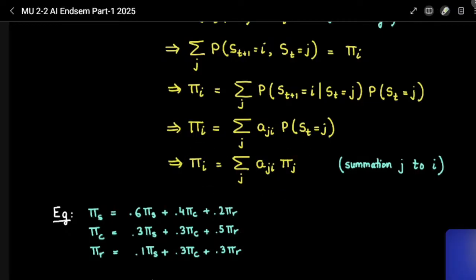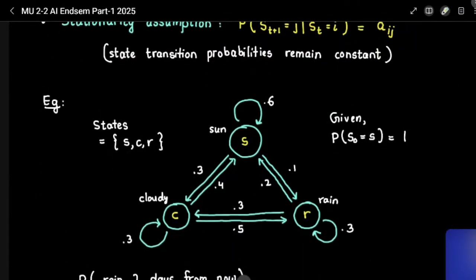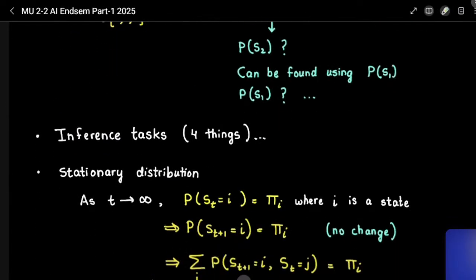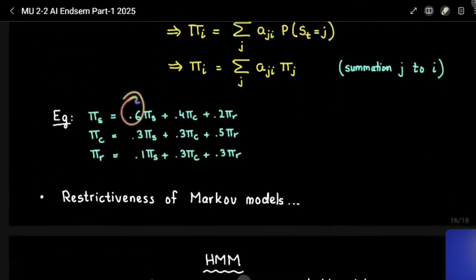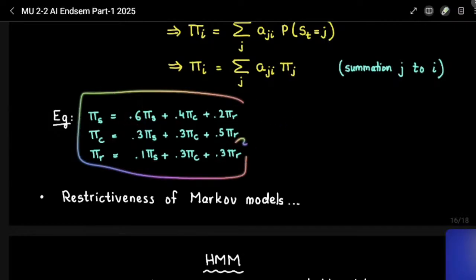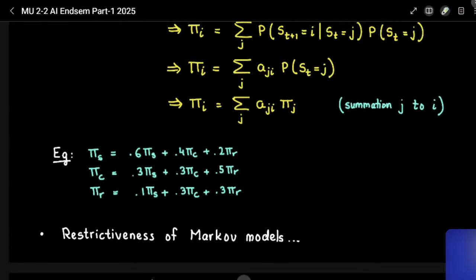States in this example are sunny, cloudy and rainy, S, C and R. And A_ji. So for example, A_SS would mean the transition probability from sunny to sunny. So you just look at the Markov process and write down the transition probability. So finally you'll get a set of equations. I tried solving it. My calculator says there are infinitely many solutions. So I do not know where to proceed from here.